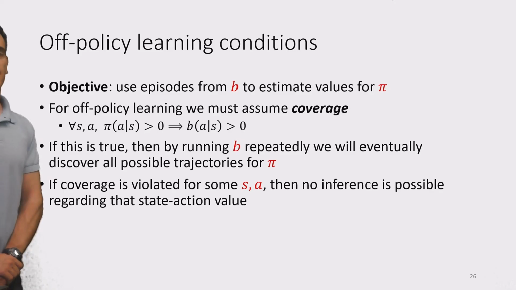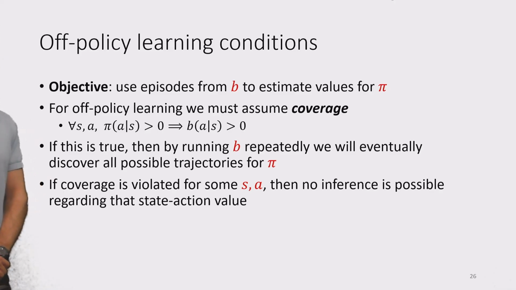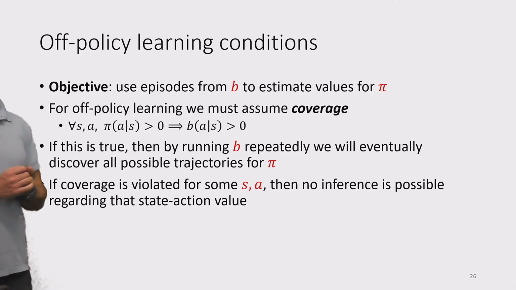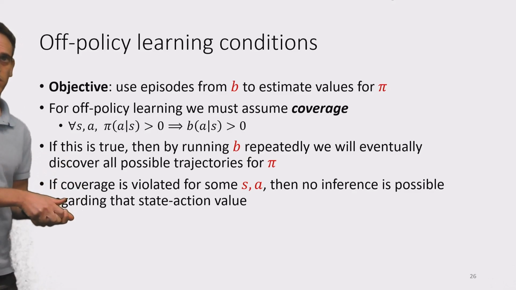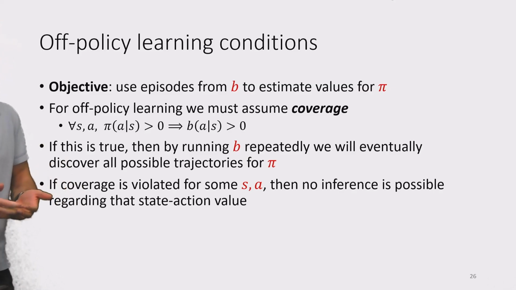That is, any state and action that has non-zero probability of being sampled by our target policy pi must also have a non-zero probability of being visited by our behavioral policy b. That is, we must be able to observe, in our behavioral policy, all of the state and action pairs reachable by our target policy in order to learn something about them.